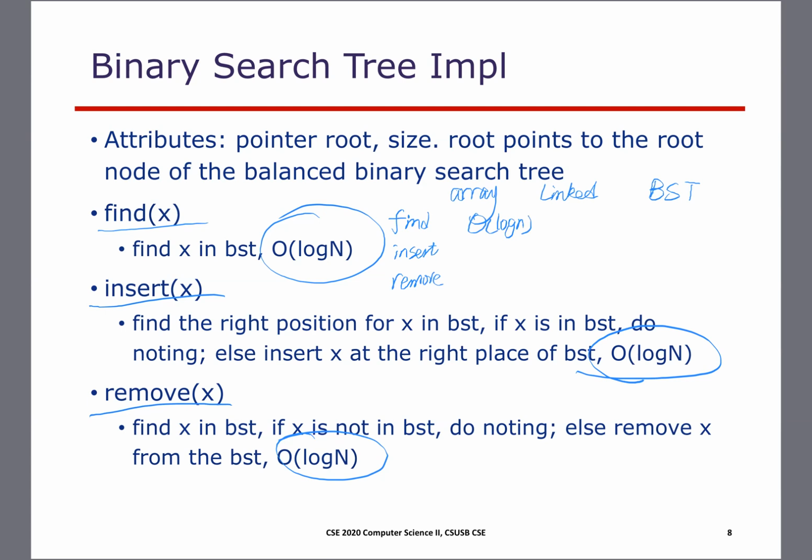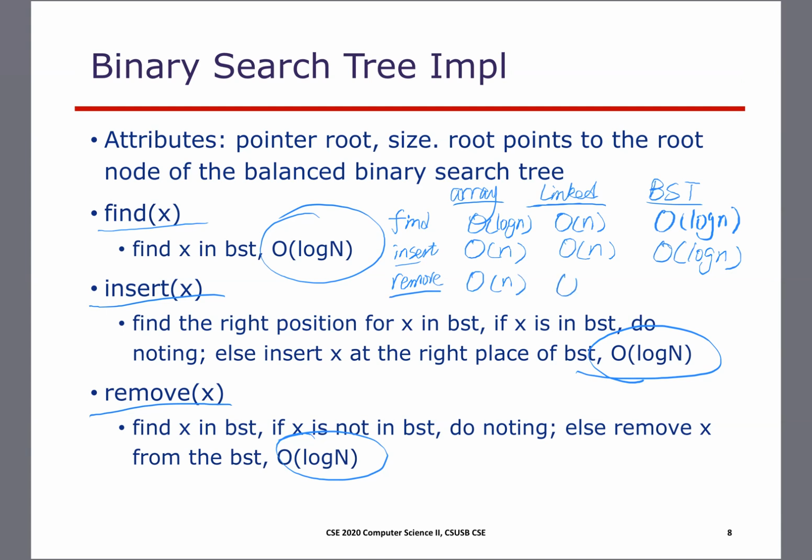For the linked structure, we use a linear search, which is big O n. For the binary search tree, big O log n. For insert, the sorted array is big O n, and the linked structure is big O n. The binary search tree is big O log n. For the remove operation, the sorted array is big O n, the sorted linked structure is big O n, and the binary search tree is big O log n.